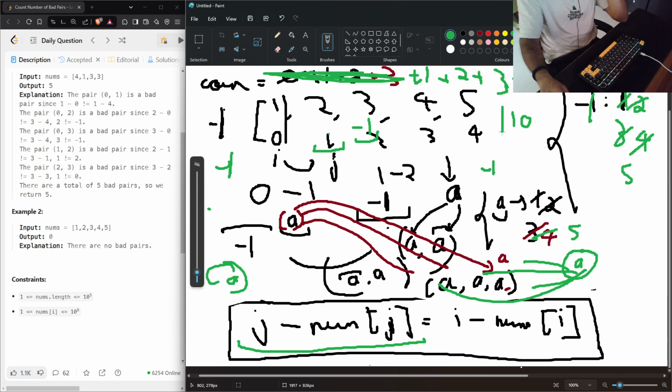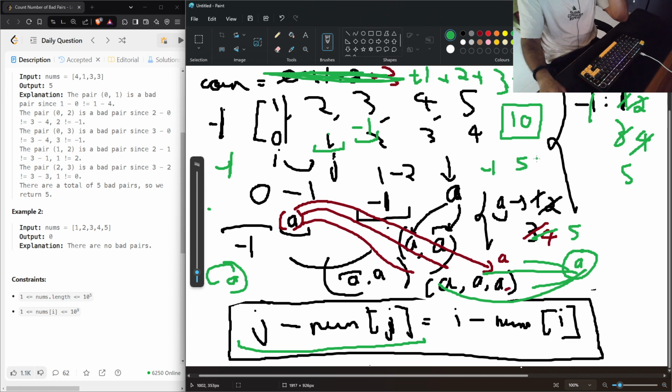So this is nothing but the total number of good pairs, right? And if we are somehow able to know the total number of possible pairs, be it good or bad, and subtract the total number of good pairs, we can always find the number of bad pairs. In the second example, the length of the array is 5.